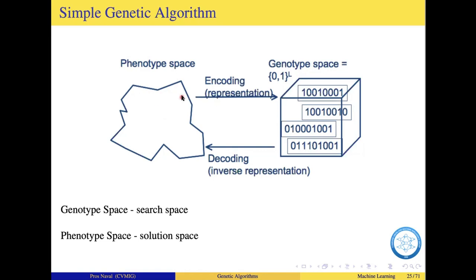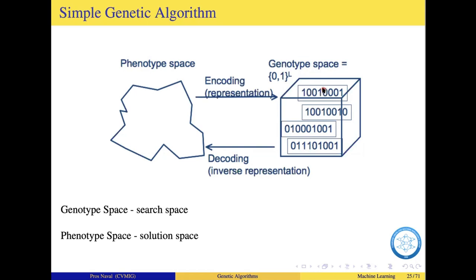So the encoding is called the representation. The set of traits like blue eyes, tall, long hair, and so on, or brown hair, blonde hair, whatever, would correspond to a particular set of genes in your chromosome.